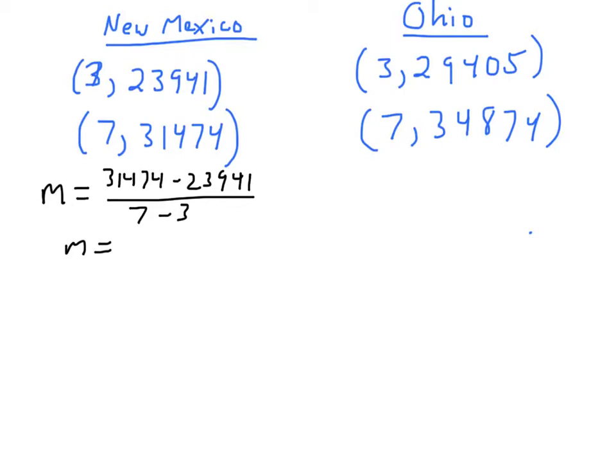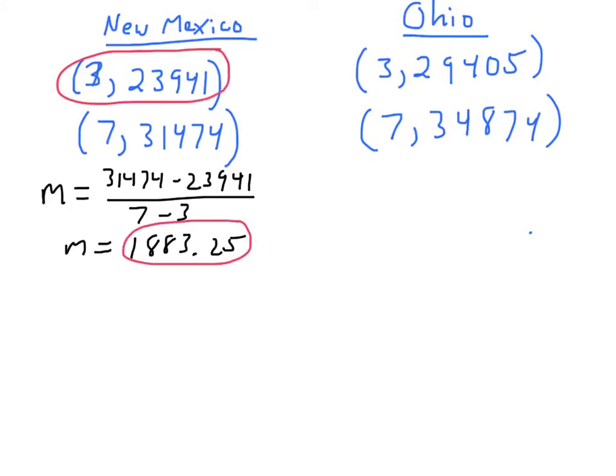You can get it all the way down to a decimal in an application like this. If you plug that into your calculator, it comes out to be 1883.25. Then you pick one of the two original points along with the slope, and you can use point-slope form.